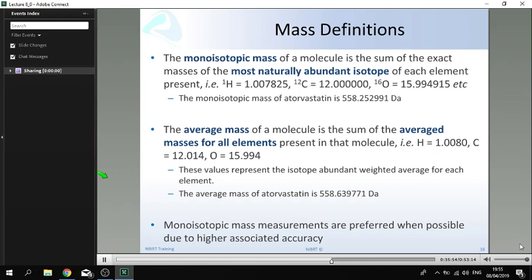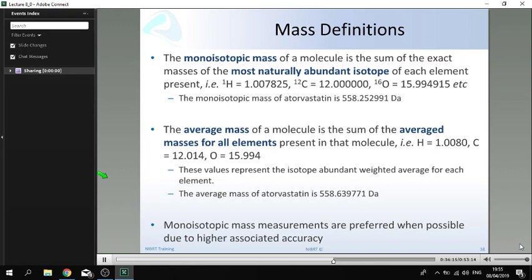For example, the monoisotopic mass of a small molecule drug called atorvastatin is 558.252991 Dalton.